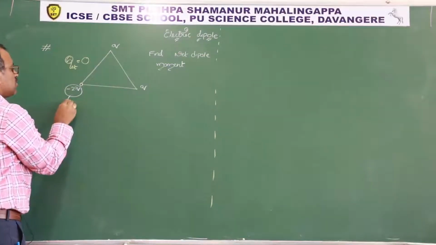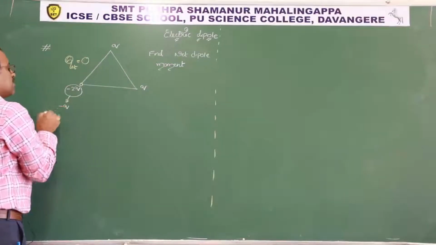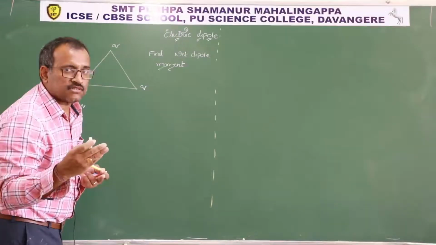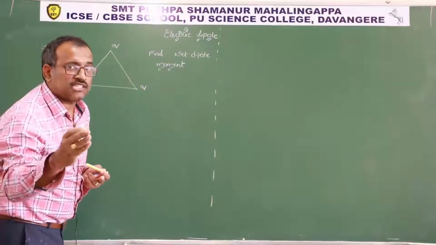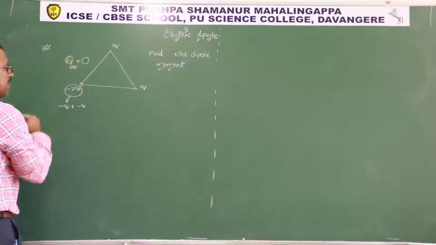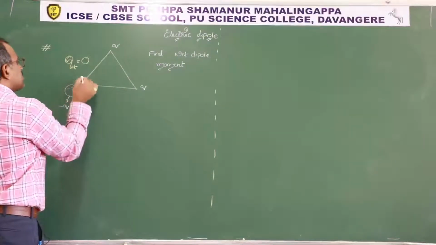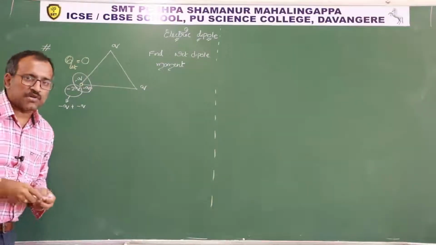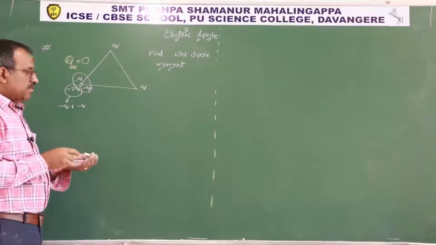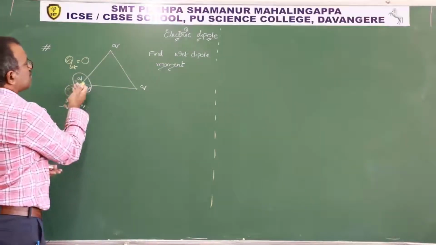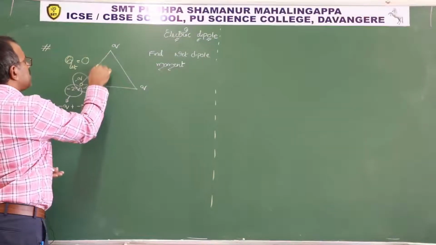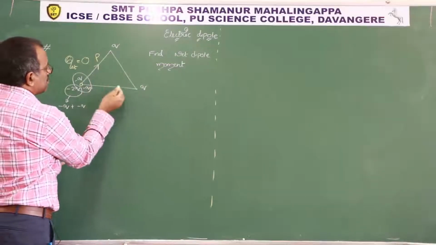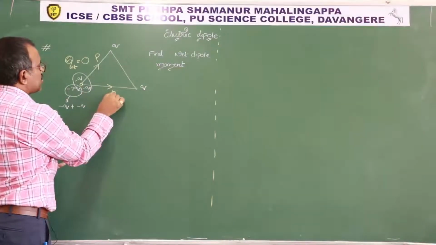This minus 2q can be written as minus q plus minus q because charge is additive. So here I am keeping 1 minus q, here I am keeping 1 minus q. Still the total charge is minus 2q only. Now from negative to positive, dipole moment will be there, which is P. From negative to positive, one more dipole moment is there, which is also P.